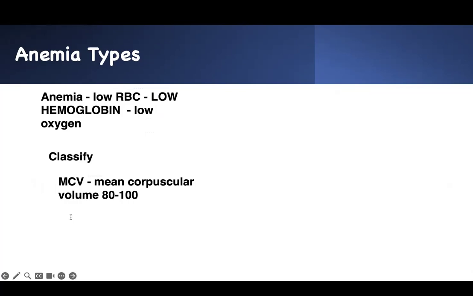If you are less than that number, what do you think? Less than that number means your blood cell is too small. In the process, you call what? Microcytic anemia. If you're greater than 100, that's the top portion of it, your cells are enlarged. Therefore, you have what?